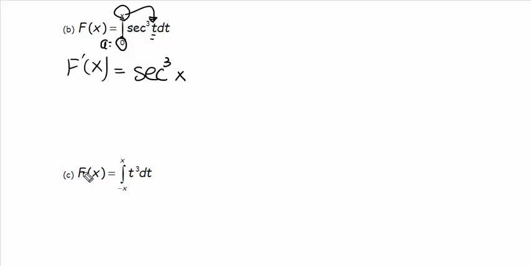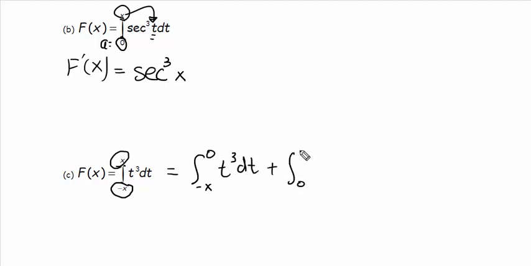Alright, let's try again. This one is not a number to x. It is negative x to x. So this has to be a number down here. But I can split this up into the integral from negative x to 0 of t cubed dt plus the integral from 0 to x of t cubed dt.